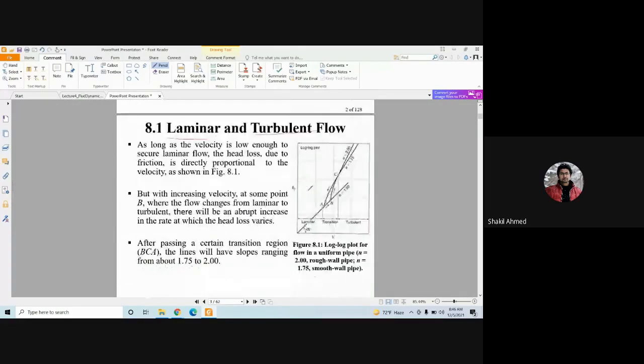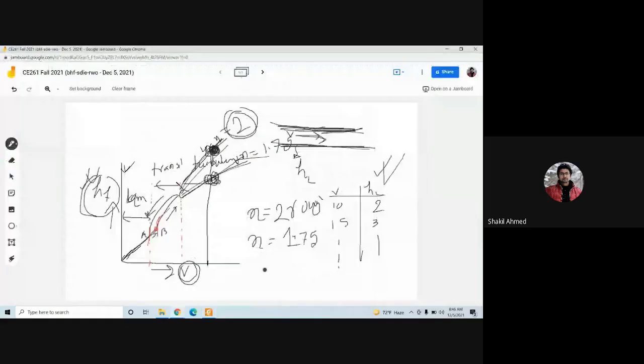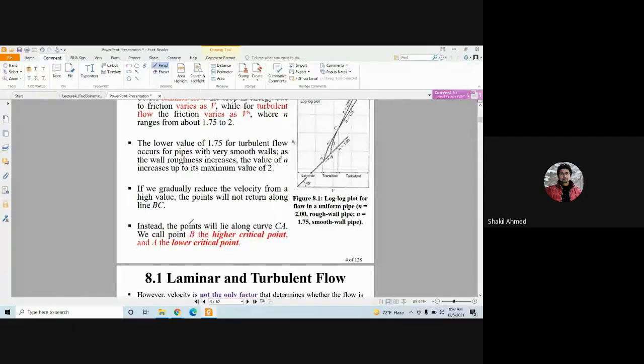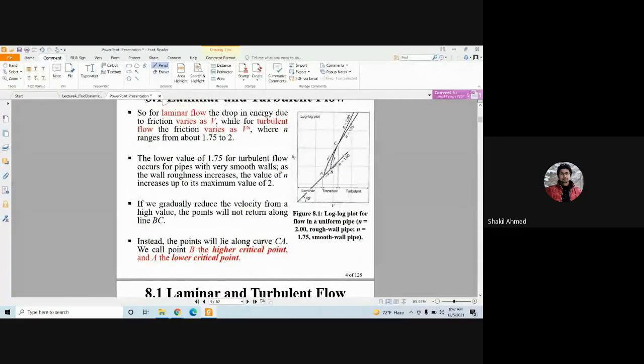So eventually, what we found here is that HF is proportional to V to the power n. HF, head loss, is Y, and this is X. This point B is called the critical point. Why?